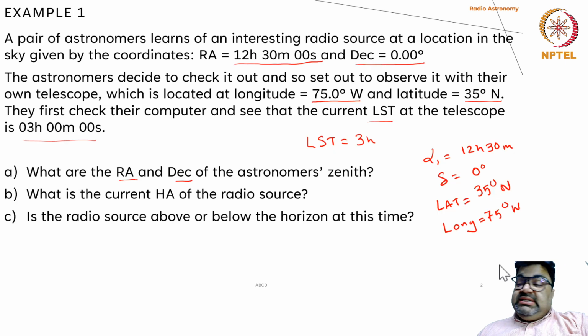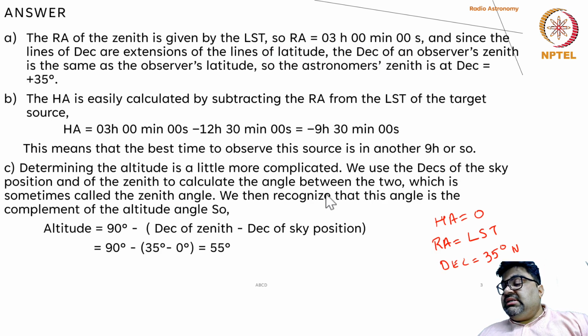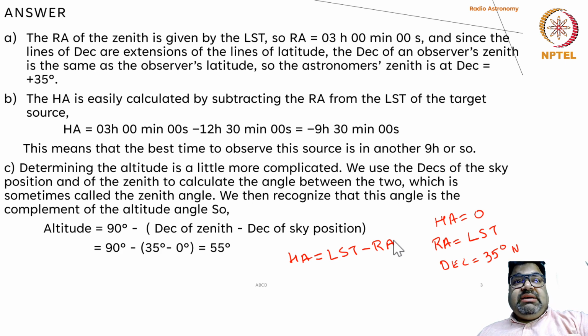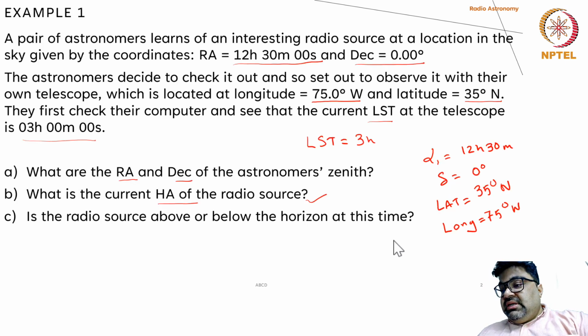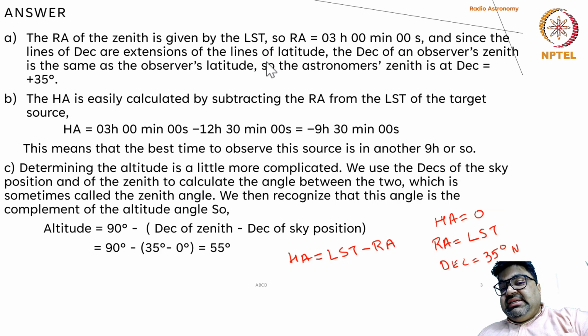The next question is, what is the current hour angle of the radio source? That's an interesting point. How can it be figured out? The hour angle is equal to LST minus the RA. The RA of the source is 12 hours 30 minutes, and the LST is 3 hours.